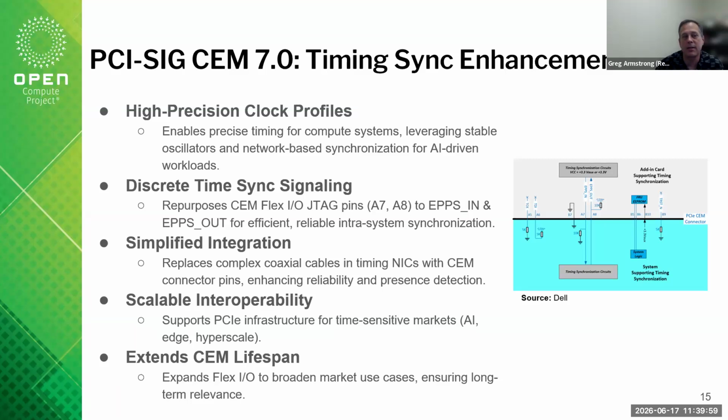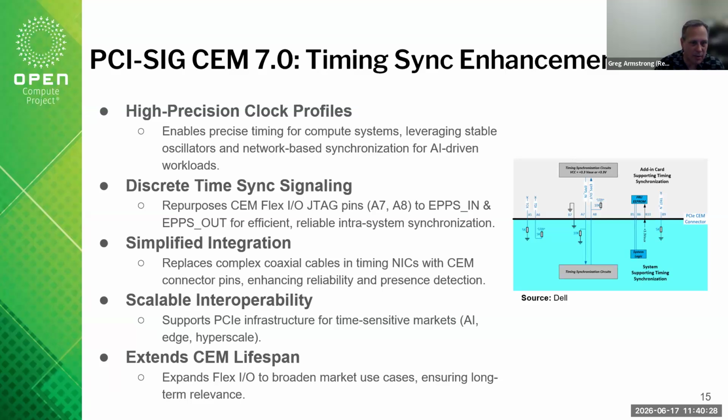And so PCIe Gen 7 is trying to do that. They've added a new section called time synchronization enhancements. They took the same ideas that were happening at the OCP NIC, and the standard PCIe SIG compliant card connector we use today, and looked at pins that aren't really used much, like the JTAG pins, since very few people are doing JTAG scanning within the system anymore.